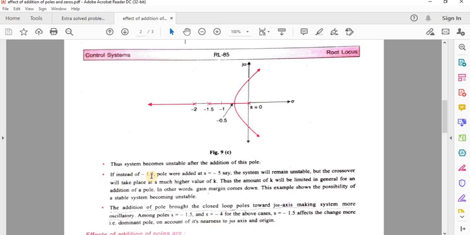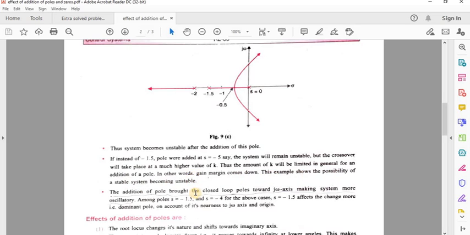So if instead of minus 1.5, the pole is added at s equal to minus 5, the system will remain unstable, but the crossover will take place at a much higher value of k. Okay, this crossover will be higher. The amount of k will be limited for a general addition of a pole. In other words, gain margin comes down. This example shows the possibility of a stable system becoming unstable.